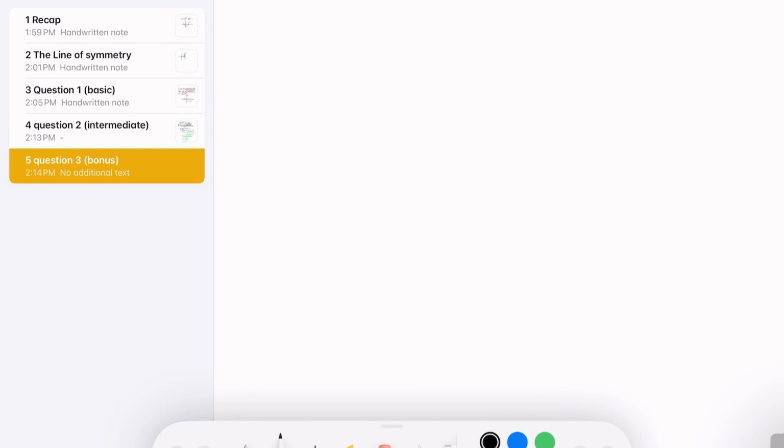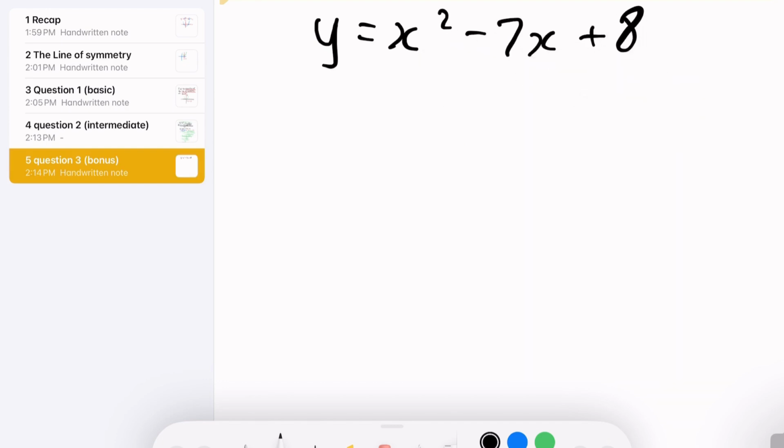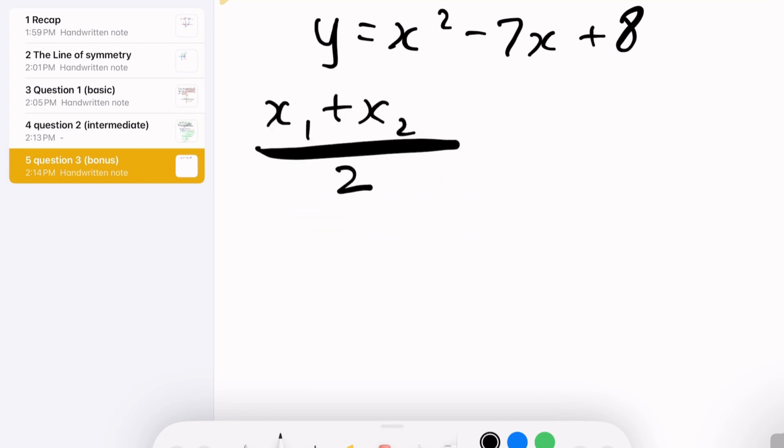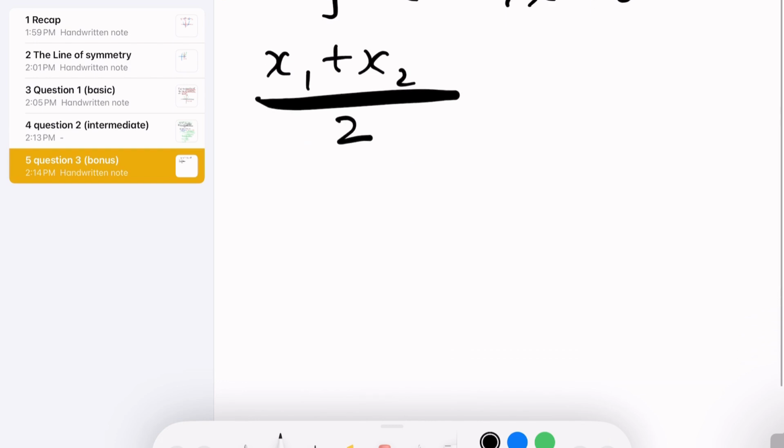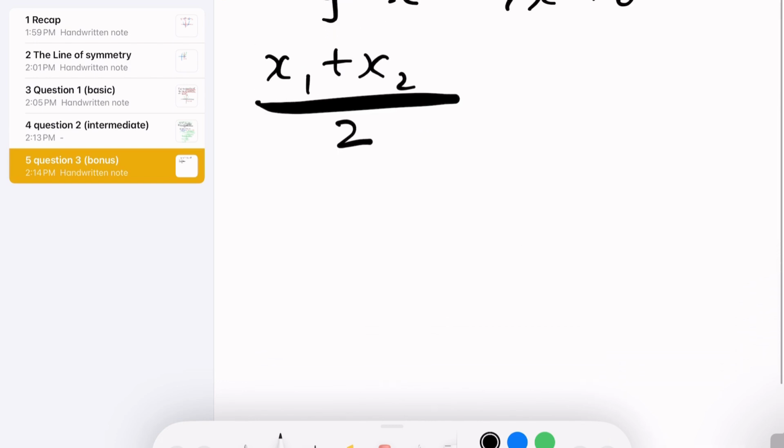So as a bonus question, let's go through one more question. So y is equal to x squared minus 7x plus 8. So recall that to find the line of symmetry, we have to add up the roots of the quadratic equation divided by 2. Right, so we have to find the roots first. To get the roots, we'll use the quadratic formula. But first, we have to find our a, b, and c first.